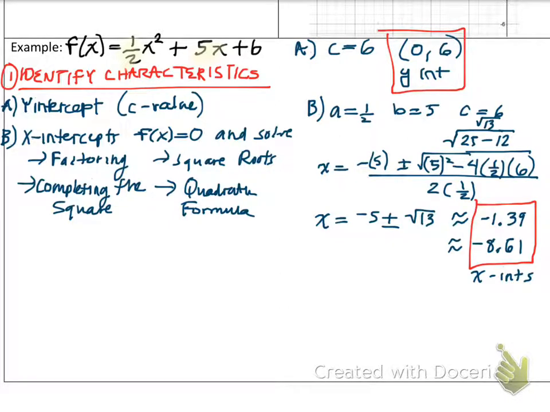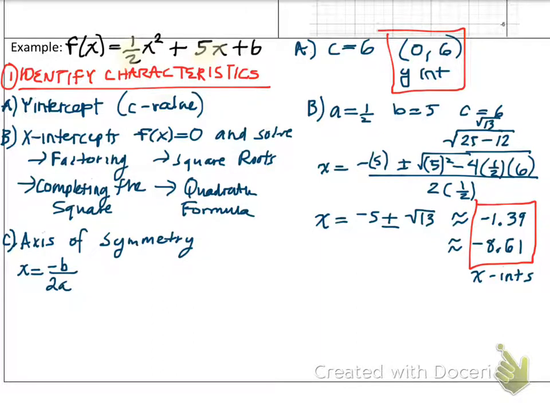Okay, so we found our y-intercept, we found our x-intercepts. The next thing to find is the axis of symmetry. We're going to use a formula that I've given you before, but we haven't used too much: x is equal to negative b over 2a.